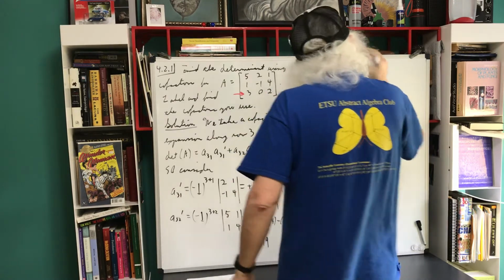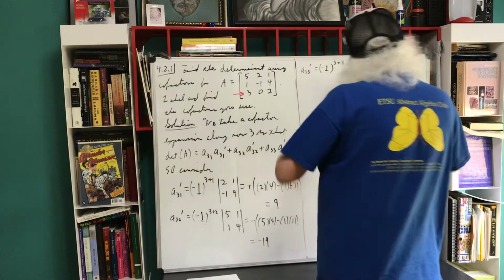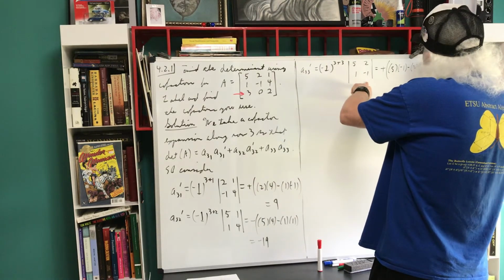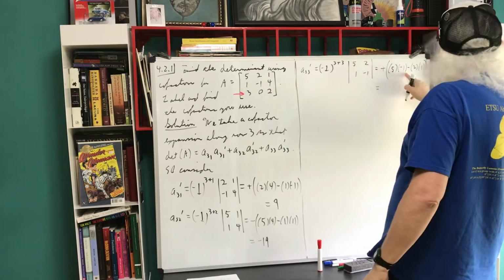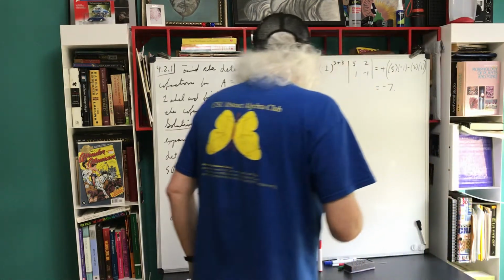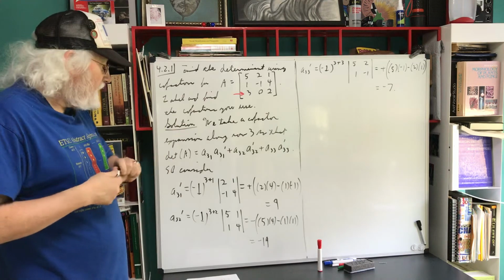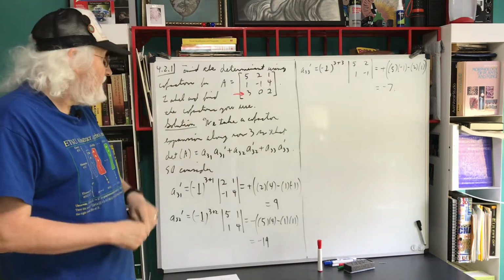Okay, -1 to the 6th is positive. 2 by 2, 5 times -1 minus 2 times 1. It's -5 minus 2, -7. They wanted us to find the cofactors. So we found the three cofactors, 9, negative 19, and negative 7.